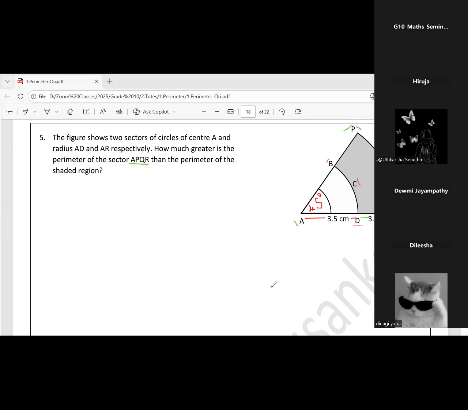Then subtract those two: APQR minus BCDRQP. Then you can obtain the difference. I want to see who finishes first. This angle at the center is 45 degrees, so mark it and do this question. I will give you 4 minutes to do.